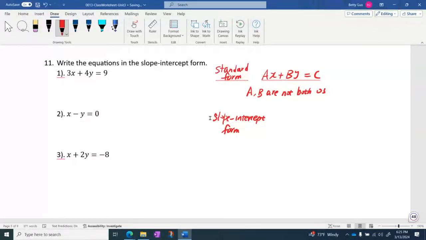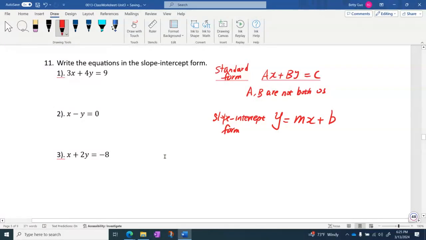The slope-intercept form of a linear equation in 2 variables looks like this: y equals mx plus b. That's something you need to memorize. The slope-intercept form is the most commonly used form for a straight line.